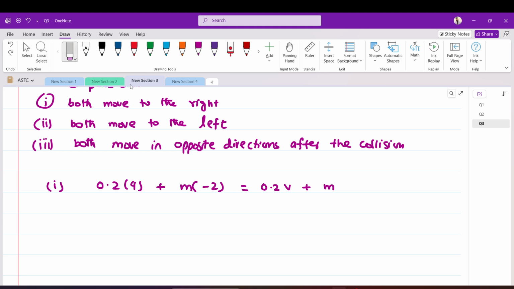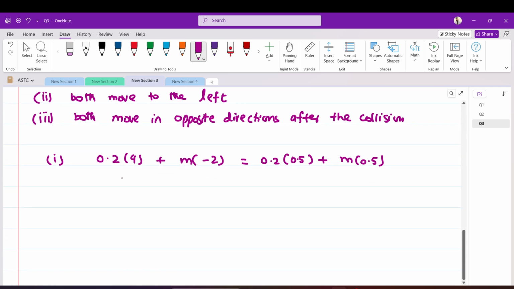Sorry, v is 0.5 that we already know. So 0.2 times 0.5 plus m times 0.5. Okay, now simplifying them, 0.2 times 0.5 will be 0.1, half of 0.2, and this will be 0.5m.